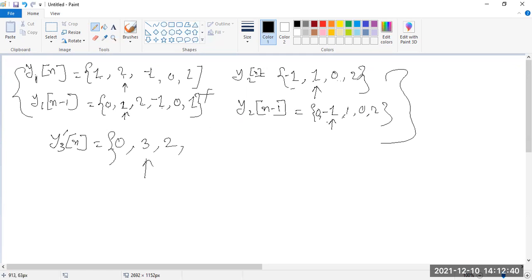Sorry, this is 2, so plus 1, so this is the 1. And again you can find, this is y2 is 2, this is 1, sorry, this is 1, this is 1.